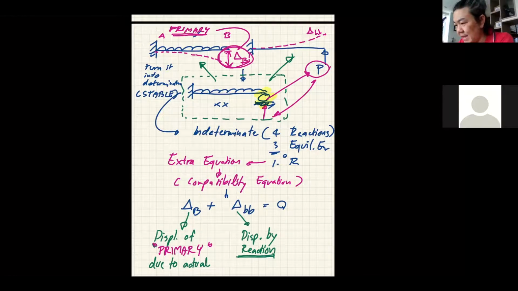So in the second case that you look at, the deflection caused by your reaction alone, it doesn't have the load. It's just the deflection caused by the reaction. There is no other load.